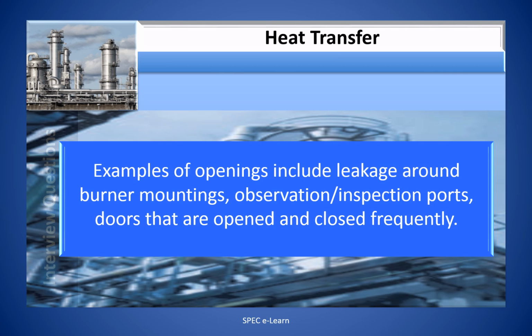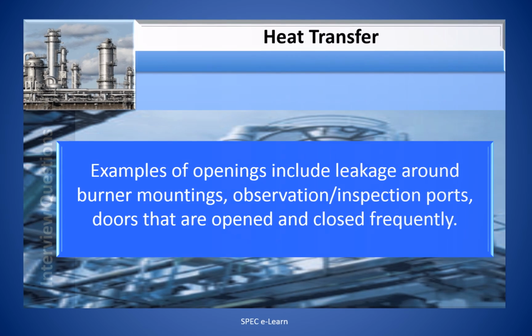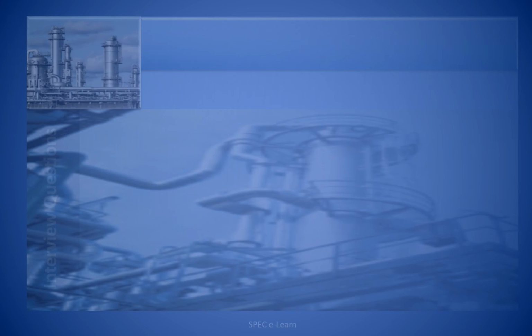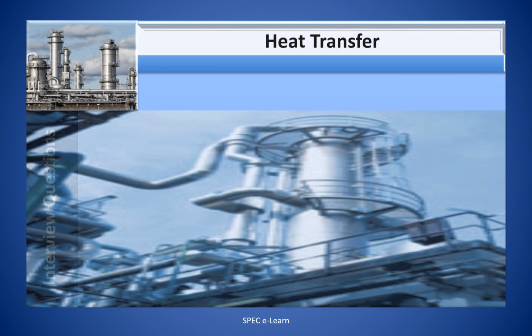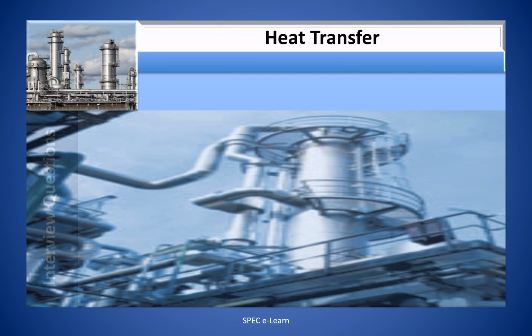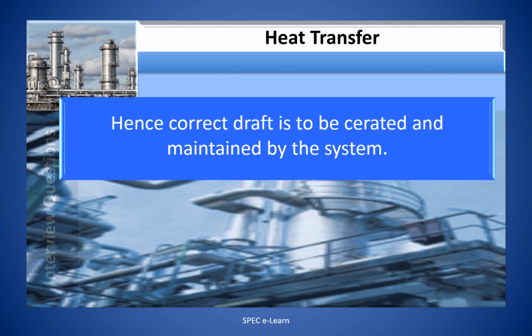Examples of furnace openings include leakage around burner mountings, observation or inspection ports, and doors that are opened and closed frequently. Hence, correct draft is to be created and maintained by the system.